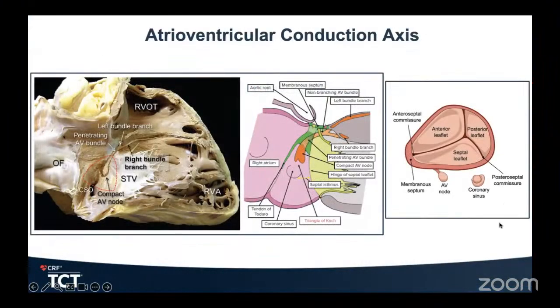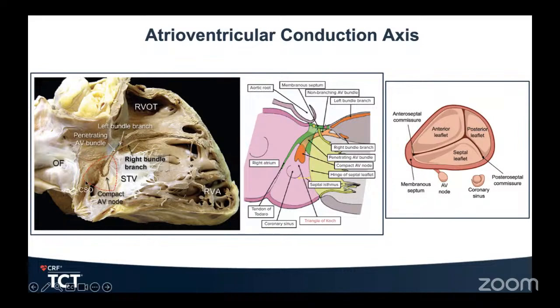So let's start with some anatomy to understand why this is particularly important in transcatheter tricuspid valve intervention and even surgical interventions. As you all know from our lessons in anatomy at med school, the atrioventricular node is very close to the tricuspid valve.